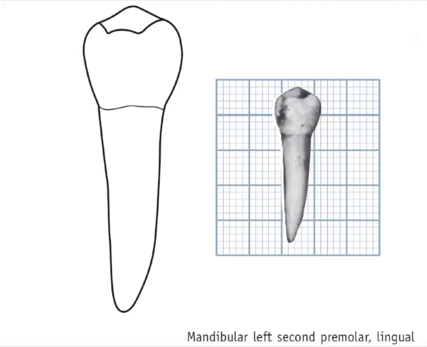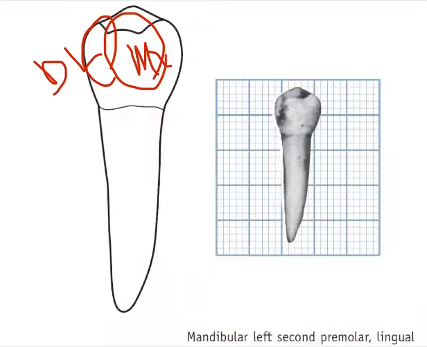Because we have a tendency towards the distal. This is the mesial marginal ridge that does not appear. All of this is the mesiolingual, and this is the small distolingual cusp.